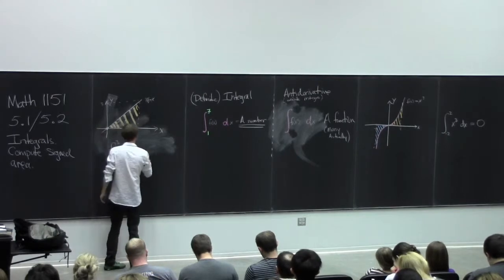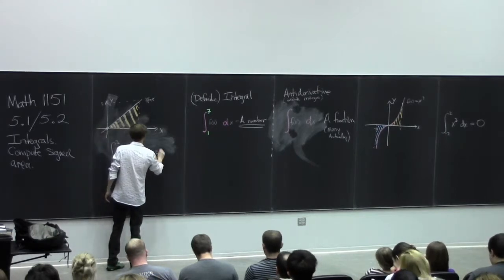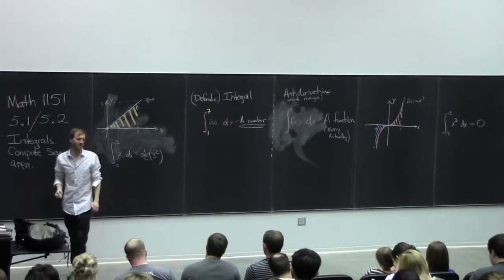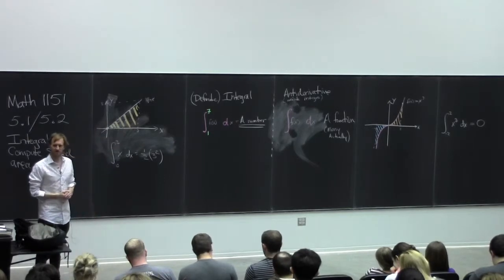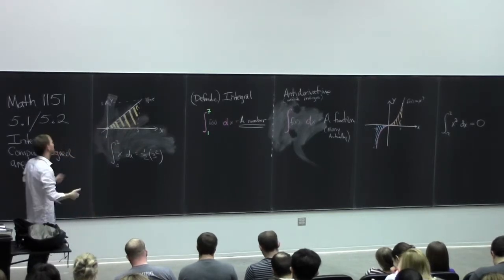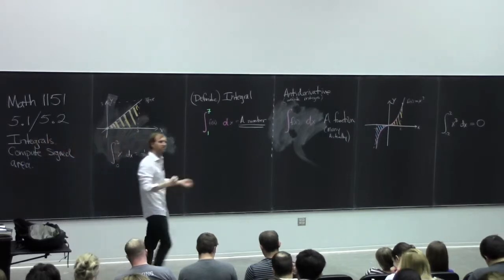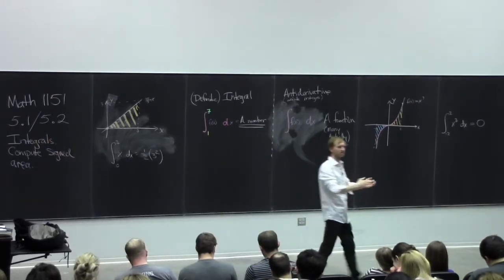So the area is 1/2 times 3 squared. So the integral is equal to 1/2 times 3 squared.